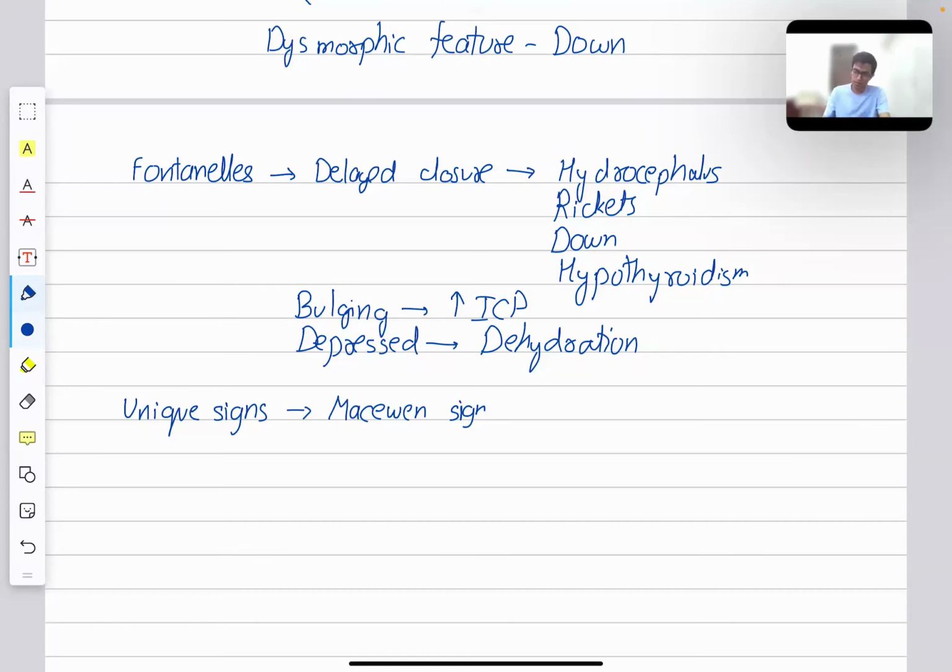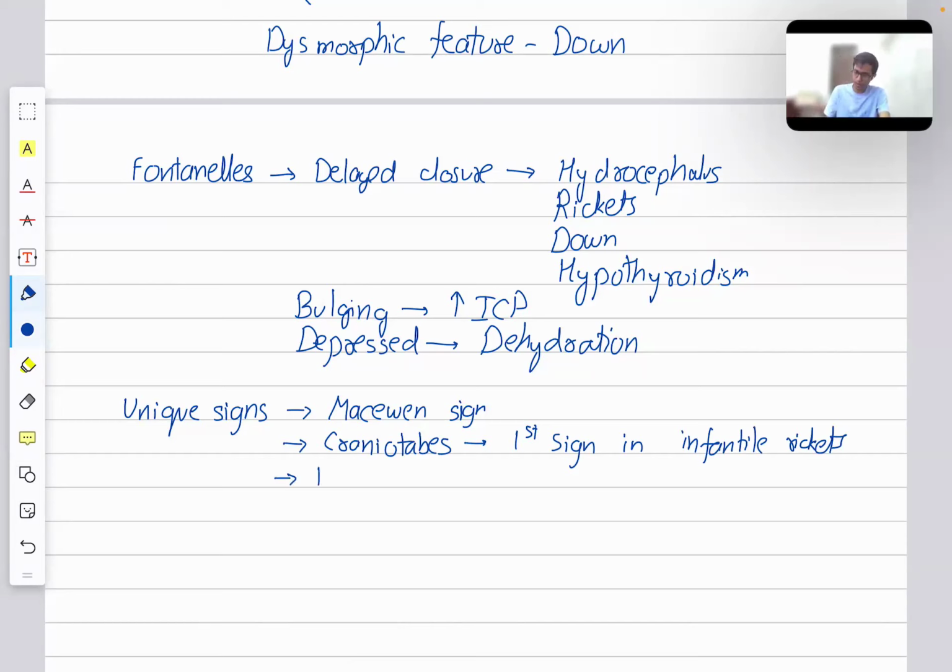Then you all know what is craniotabes. It is the first sign in infantile rickets. Another question which was asked in our prelims was when is the transillumination test positive and what is the cutoff value?